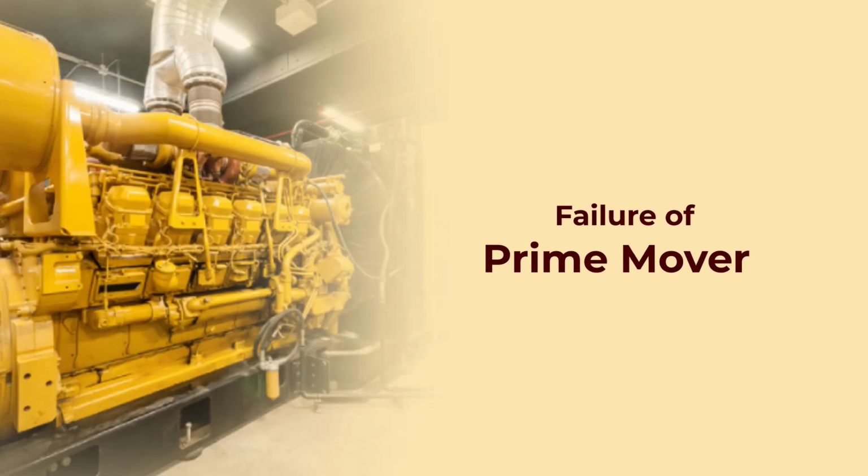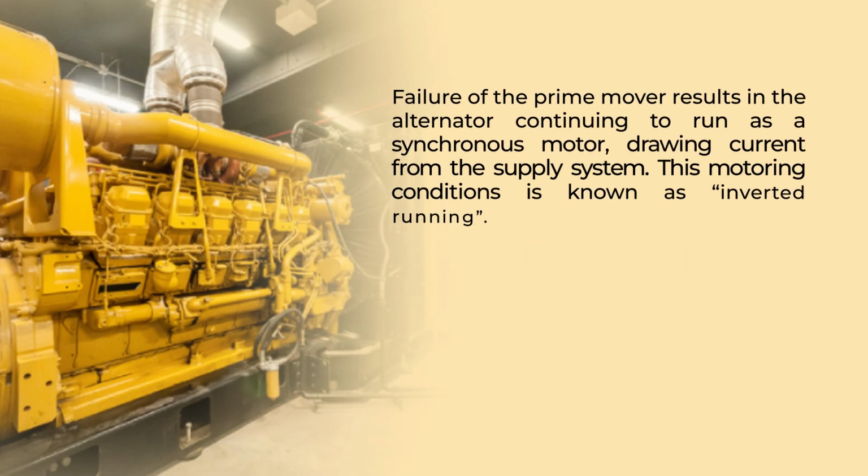Care of these abnormal conditions is also very important for a rotating machine, starting with the failure of prime mover. The prime mover in an alternator is critically important because it serves as the source of mechanical energy that the alternator converts into electrical energy.